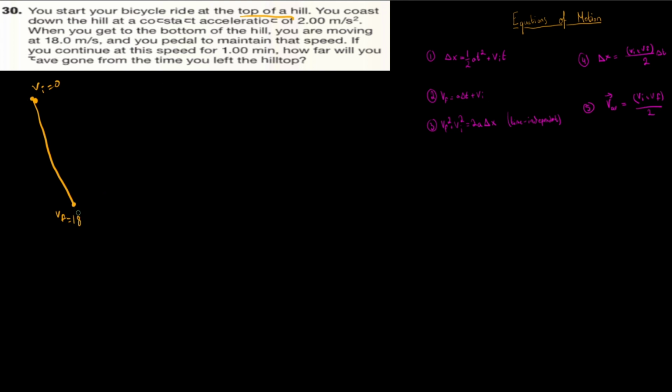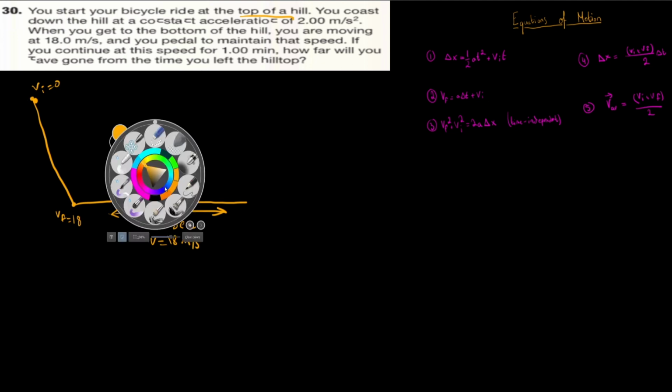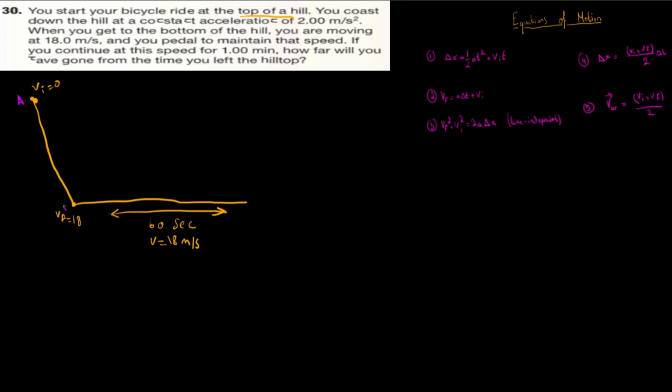And then you pedal to maintain the speed of 18 meters per second for one entire minute, or 60 seconds, at a constant velocity of 18 meters per second. It's asking for the entire displacement. So here we can call this point A, this point B, and this point C.